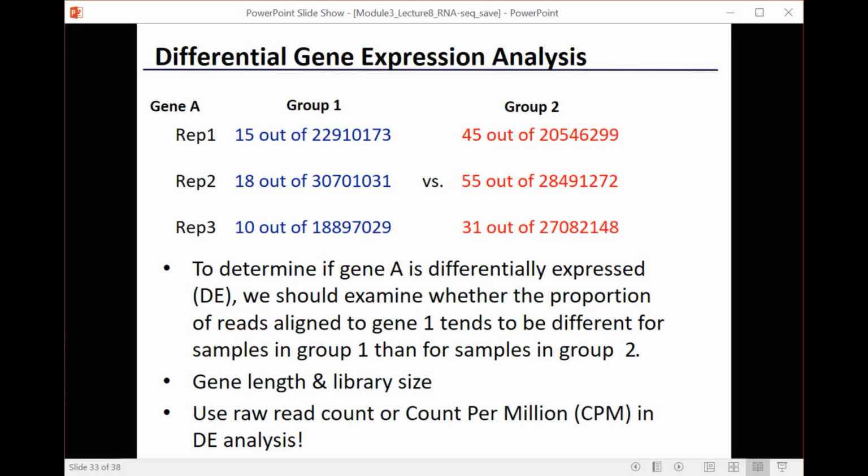So this is important. This is why we use raw read count or count per million in the differential expression analysis, and let the differential expression analysis tool do the proper normalization. And we do not use FPKM or TPM.